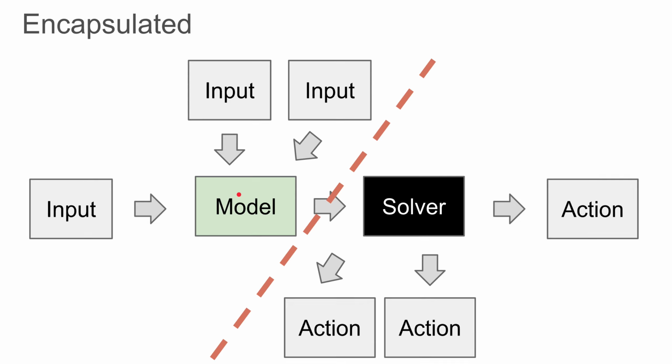Whereas if you use a MIP or a CP, this is not the case, because you are forced to abstract all of your problem into the model. So you have to put all of the input data into the model, which you then send to the black box solver that might produce various different actions. And this separation between model and solver sort of extends into your system and makes sure that your entire system stays modular, and that the modules are encapsulated nicely. And this again leads to very healthy, very easy to maintain code, and this is extremely nice from an engineering perspective.